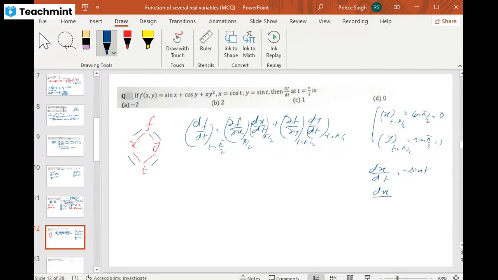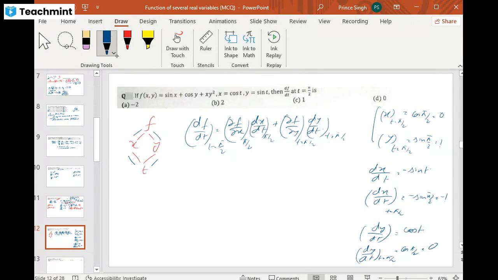So dx upon dt at t equal to pi by 2 is minus sin pi by 2, whose value is minus 1. And dy upon dt at t equal to pi by 2: firstly, I need to calculate dy upon dt. The derivative of y with respect to t is cos t, the derivative of sin t. Its value at t equal to pi by 2, cos pi by 2, is 0.